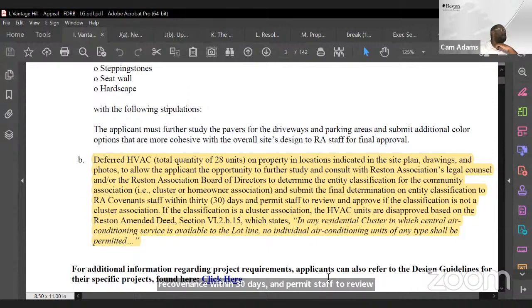And so because there is no design guideline for HVACs for anything that is not classified as a cluster association or single family detached, we are not empowered or able to review such a request.